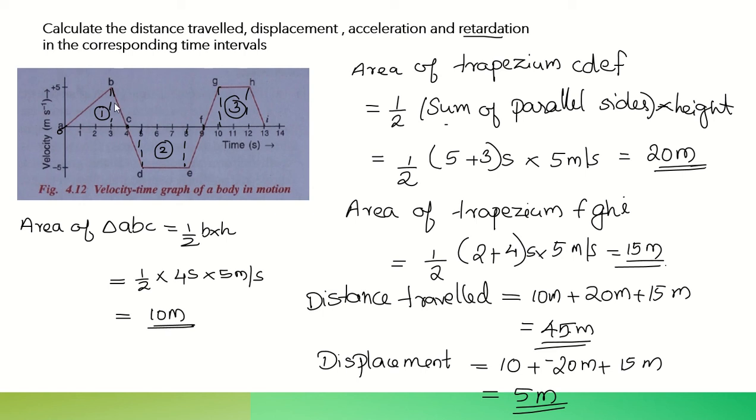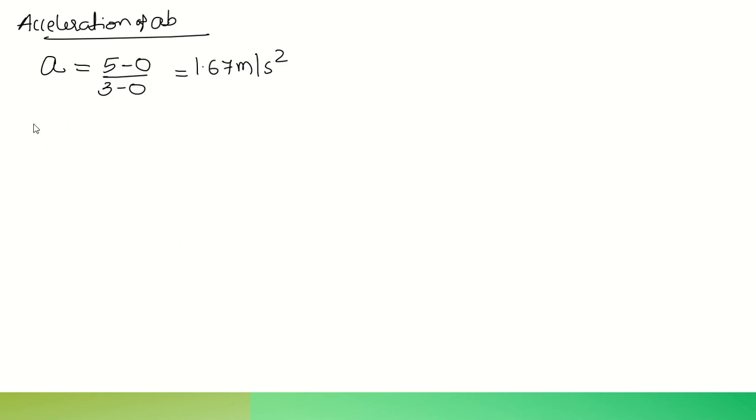Hope it is clear. Now let's calculate the retardation for BD. Okay. So retardation of BD. So again, acceleration itself, we will be getting a negative value. That's the difference here.